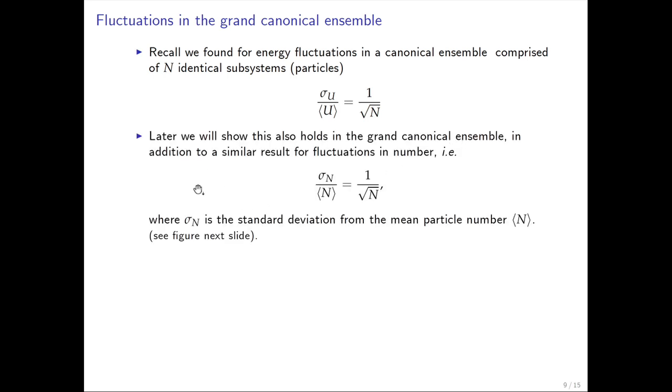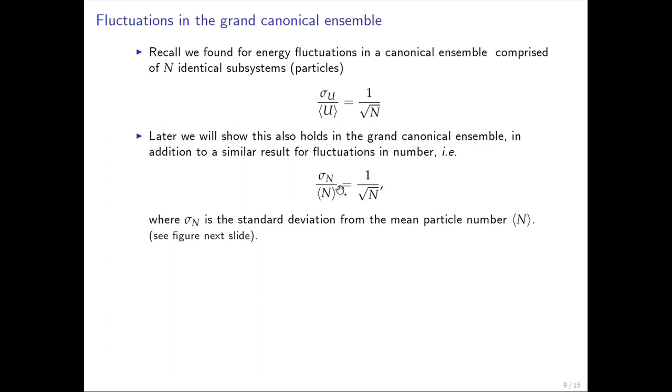Well, later, and we'll get to this in detail after we make a little diversion into quantum statistics and fermions and bosons, we'll show that this also holds in the grand canonical ensemble. That is, this relation for the fluctuation in energy, and we'll find a similar result for fluctuations in number.